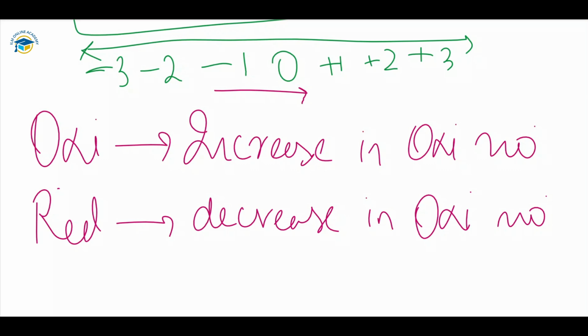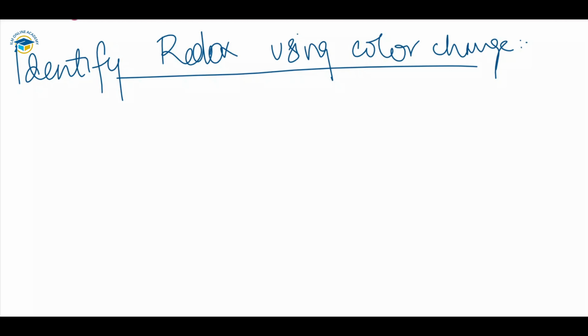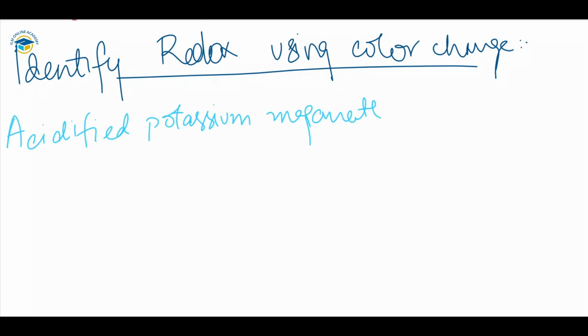The last topic related to this is the color test for oxidizing and reducing agents. Next, we will identify the redox reaction by the color change. We have acidified potassium manganate, for example acidified potassium manganate KMnO4, and this is the oxidizing agent.